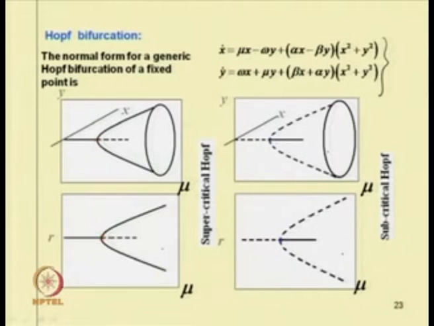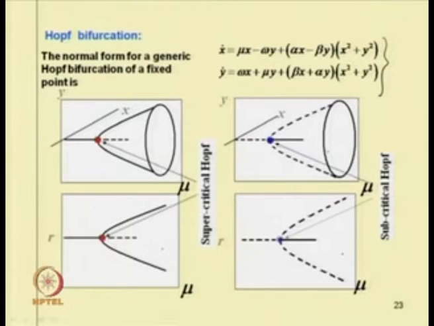So, at this point one obtains a periodic response, and for a different value of mu, one can observe this thing.